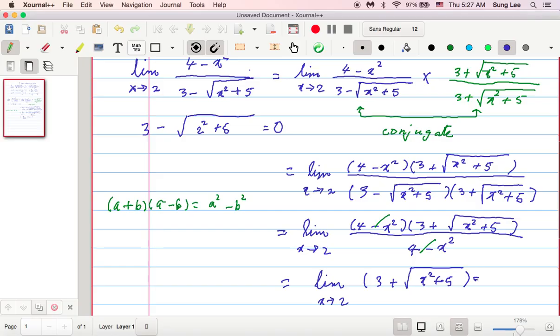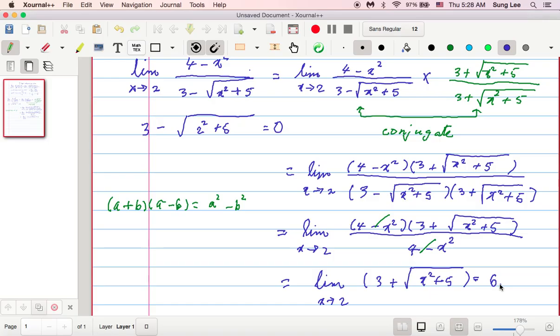Now, when x approaches 2, the inside of the radical gets closer to 2 squared plus 5, which is 9. The square root of 9 is 3, so 3 plus 3 equals 6.